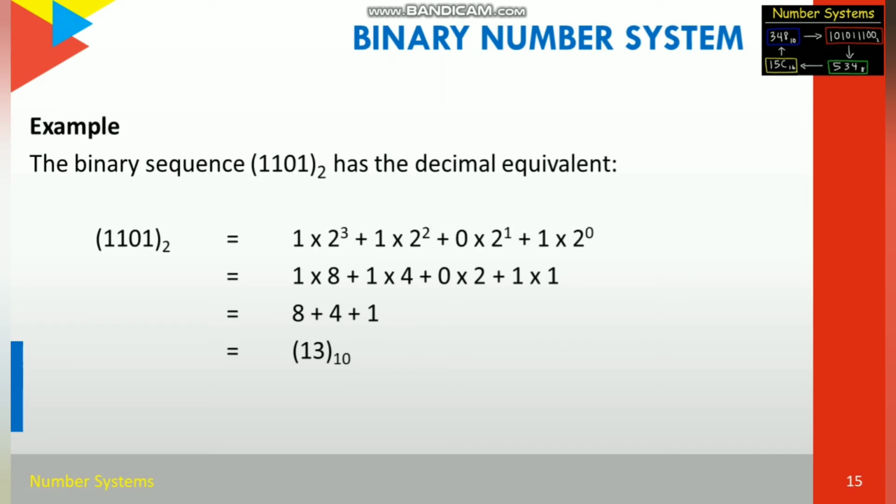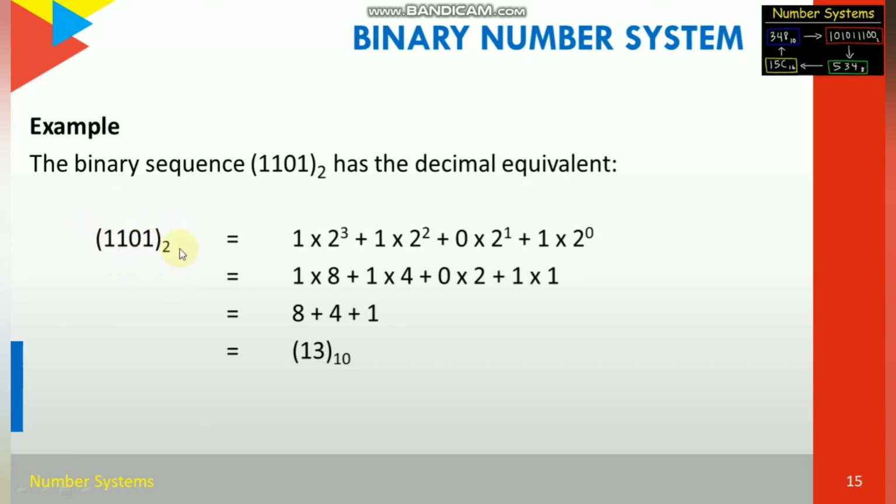Then let us see another example for binary to decimal conversion. Here they have given a binary number 1101 to the base 2. Once you see the base value 2, you should tell that this number is a binary number.